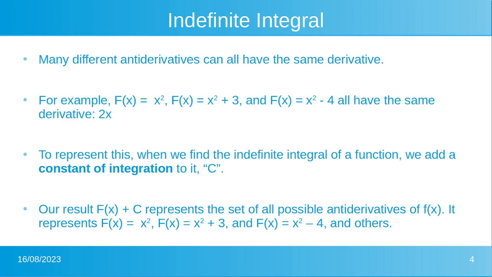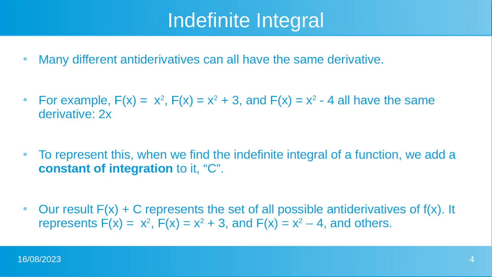To represent this, when we find the indefinite integral of a function, we find one antiderivative and then we add a constant of integration to it. That's what that capital C is. That's our constant of integration.